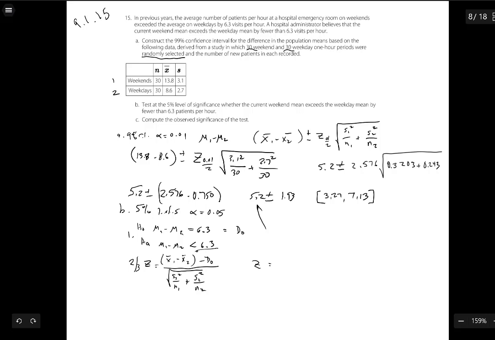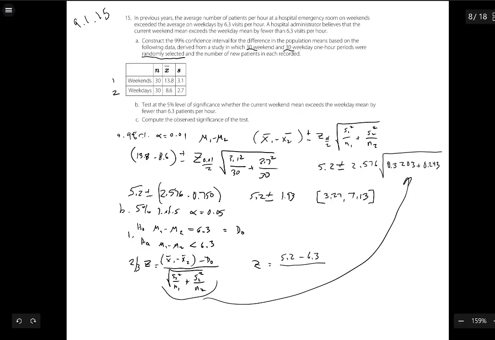The difference, 5.2, minus D0, which in our null hypothesis was 6.3, is divided by this whole square root statistic, which we calculated back up here, and turns out to be 7.5.